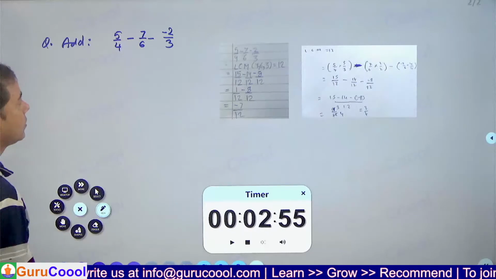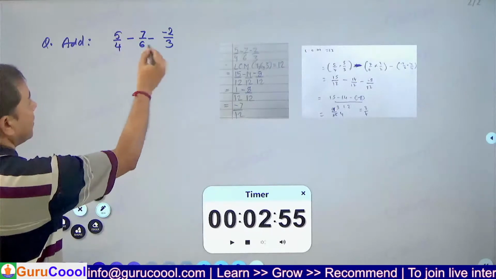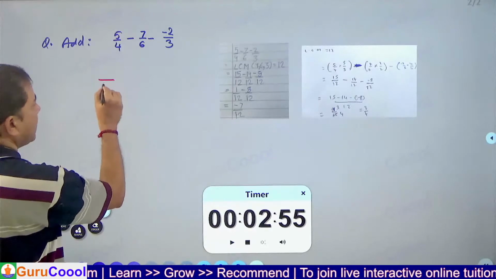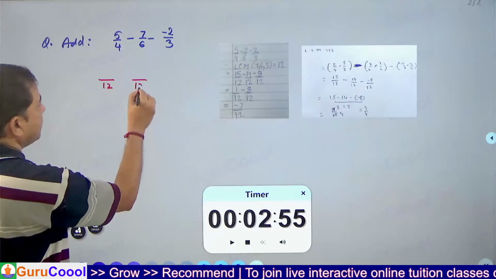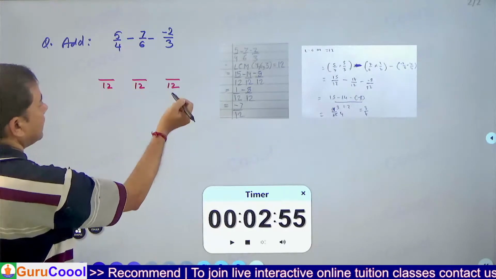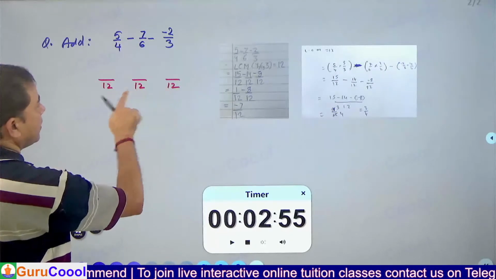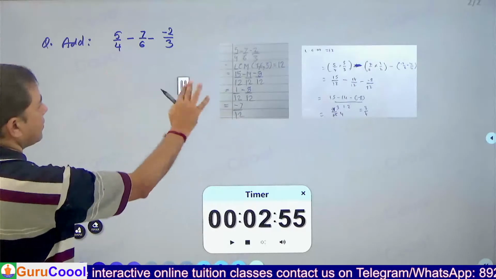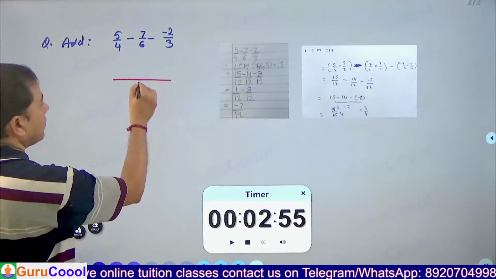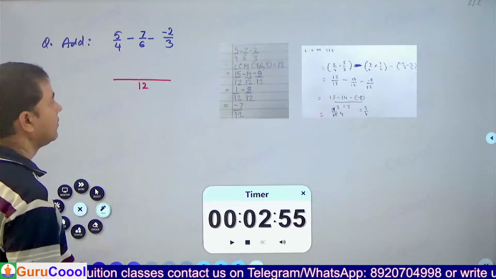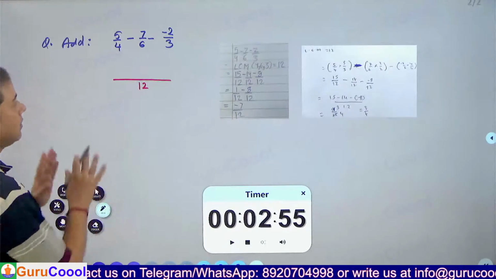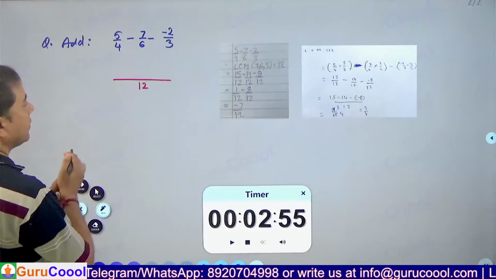So you'll make the denominators 12. You will write 12 in each of them, right? Yes, sir. So to save time, we will not write 12 three times. Let's write only 12 once. But we will write the numerators as they were in the previous one.